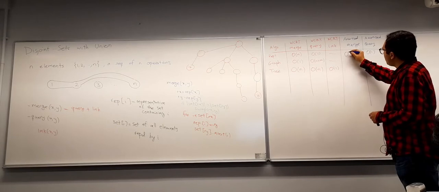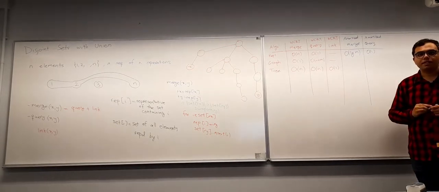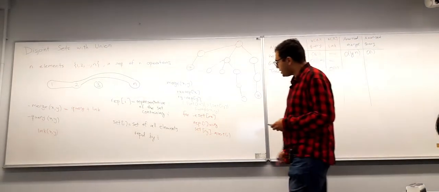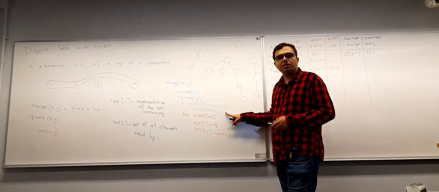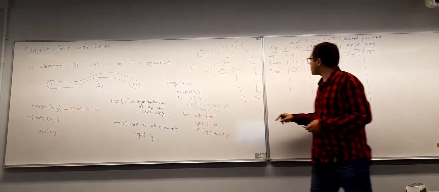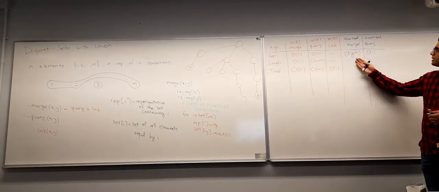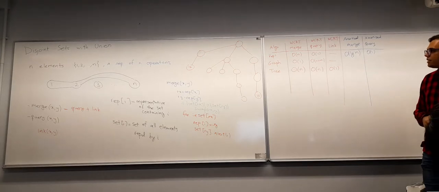But for merge, I now have an amortized runtime of O(log n). So as you see, a very simple idea, just this idea of merging the smaller set into the larger set all the time reduces our runtime. It doesn't reduce, of course, our worst case runtime, but it lets us have an amortized runtime of O(log n). Nice.